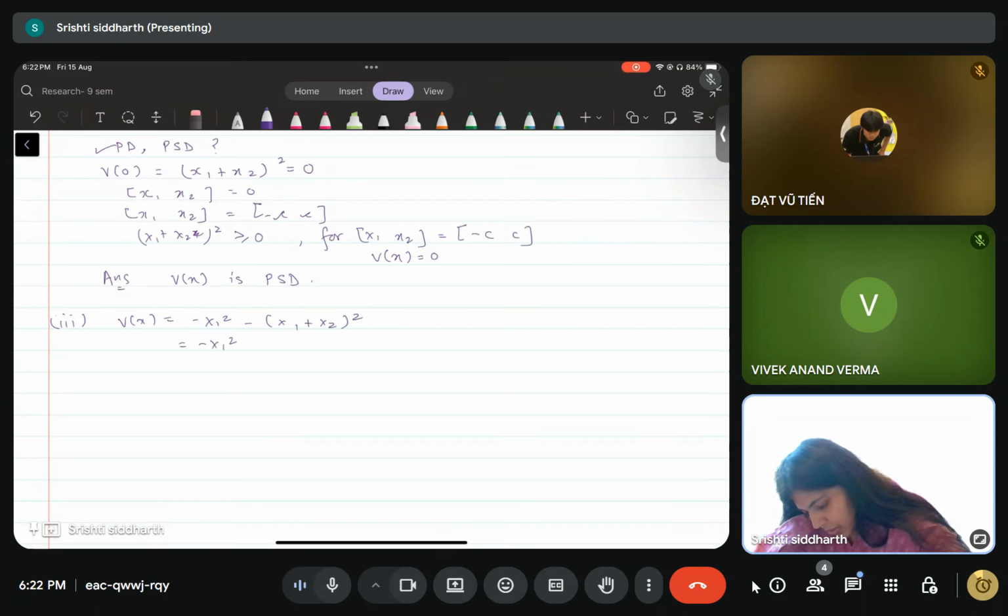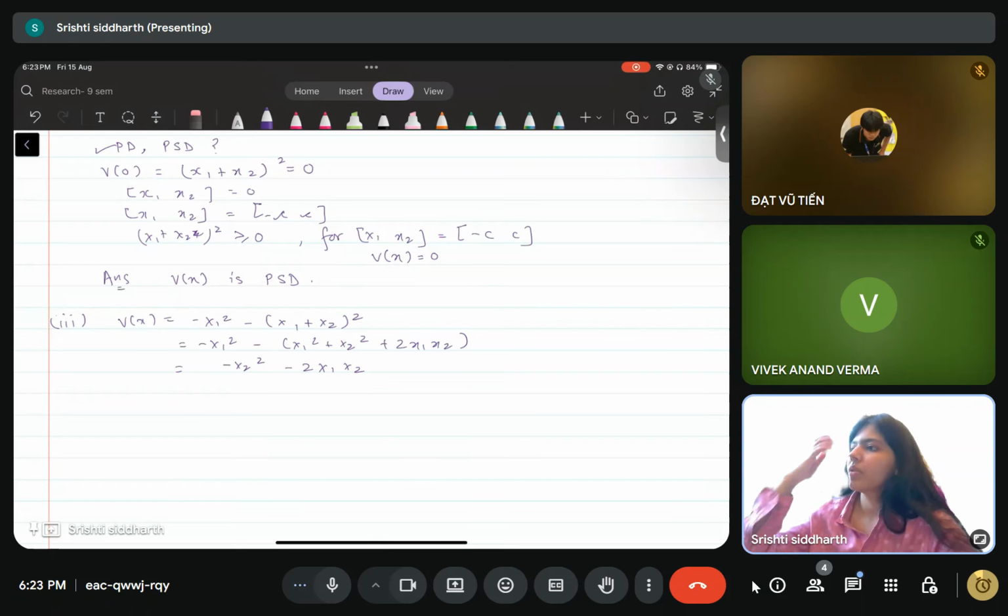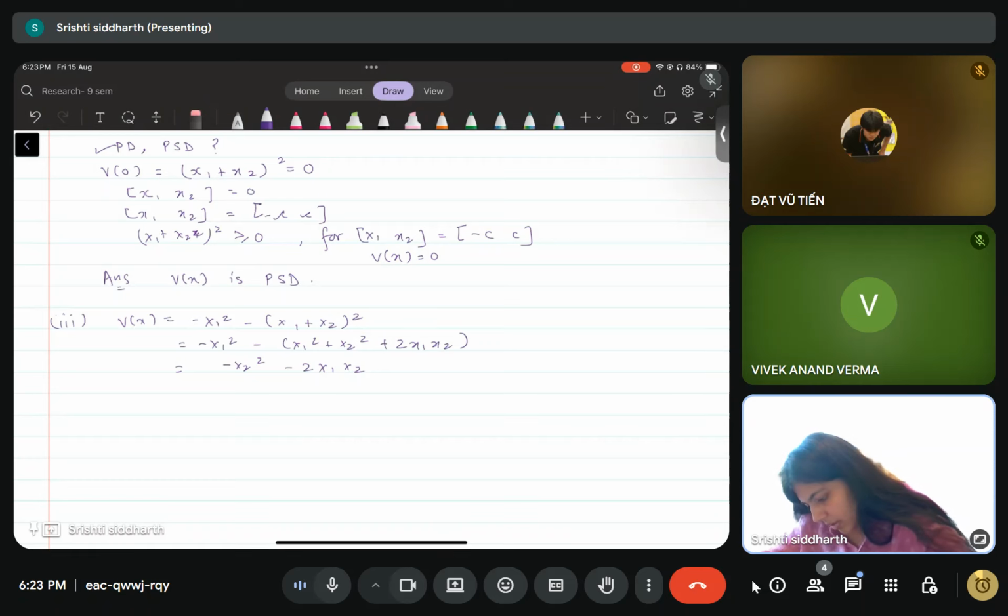This is minus x1 squared, minus x2 squared, minus 2 x1 x2, and an additional term of minus x1 squared, so minus 2 x1 squared in total.